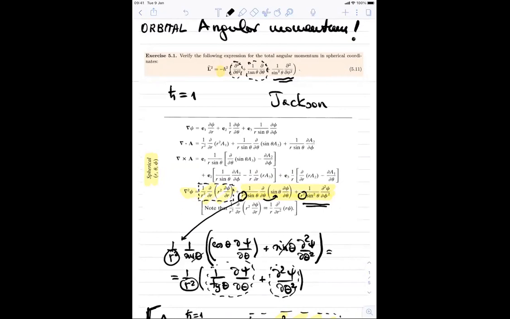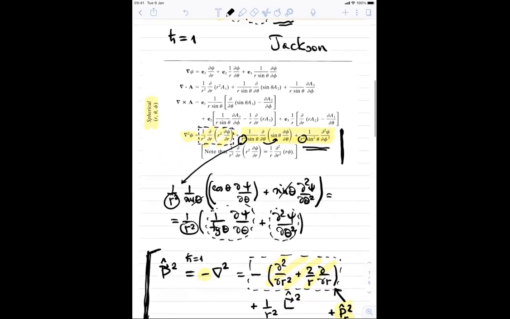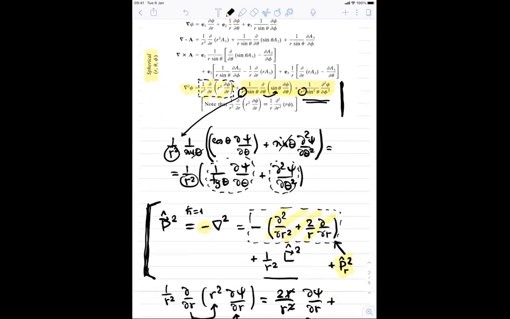So the idea is recognizing the ingredients. Inside this expression that Jackson gives, there is in fact 1 over r square L². And I'm rewriting this in this form just to underline that L² appears in the Laplacian. Is it clear?